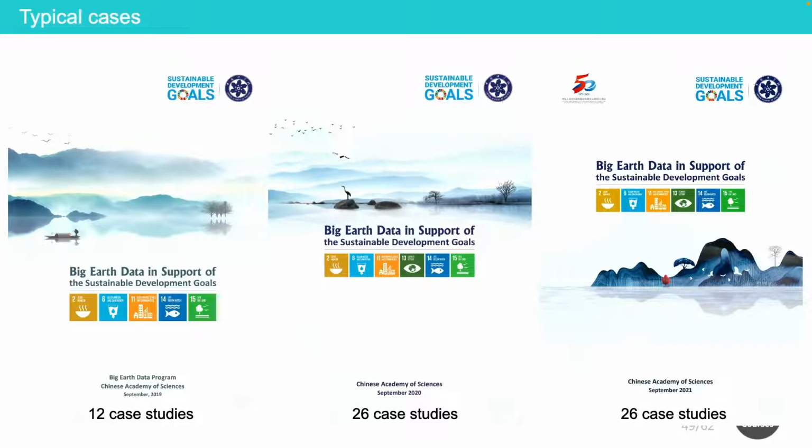Following this oil palm example, I will give you a few examples of nature conservation and sustainable agriculture practice in China. I will demonstrate a few more cases from the 3 reports, Big Earth Data in Support of the Sustainable Development Goals, released by the Big Earth Data Program, Chinese Academy of Sciences.